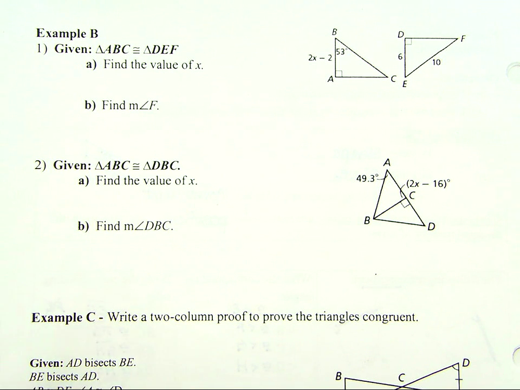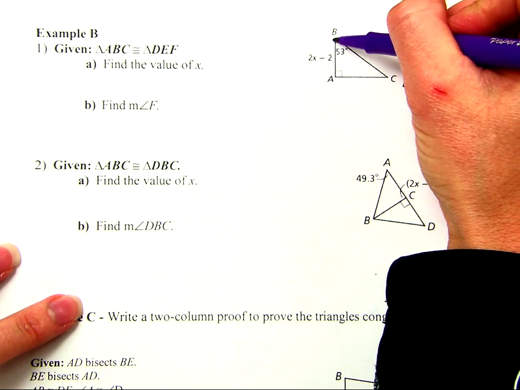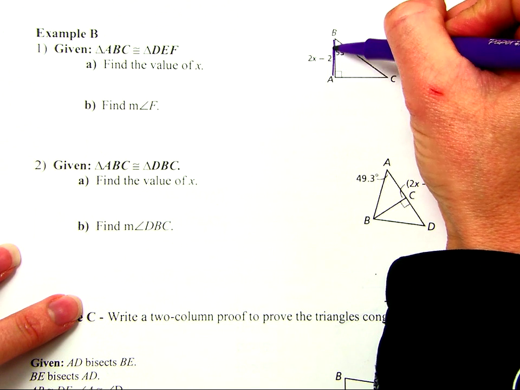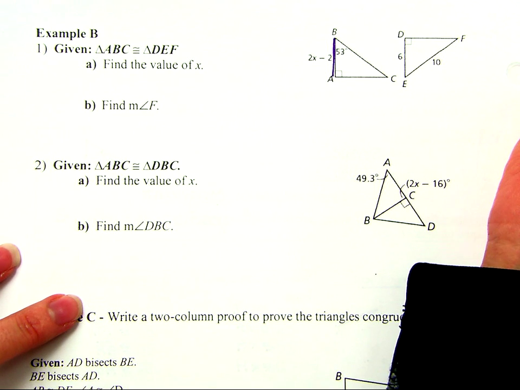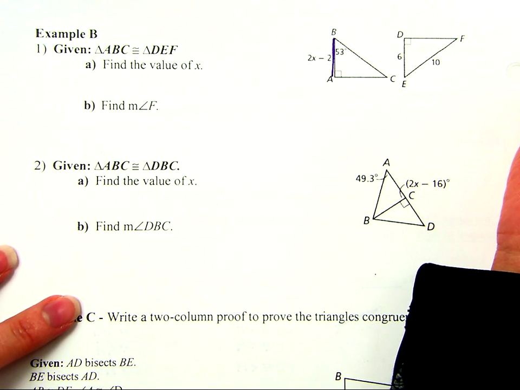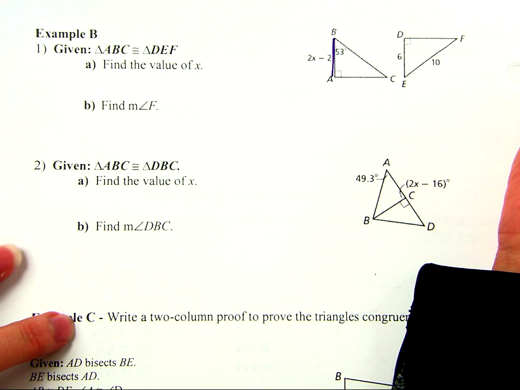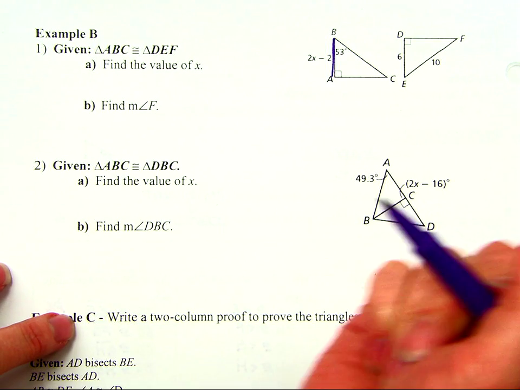When I look at my diagram, I see that x is talking about my side length for AB. Sometimes it can be difficult to tell which side that would correspond with in my other triangle, because sometimes they've rotated the figure, reflected the figure, translated, or done a combination of those.